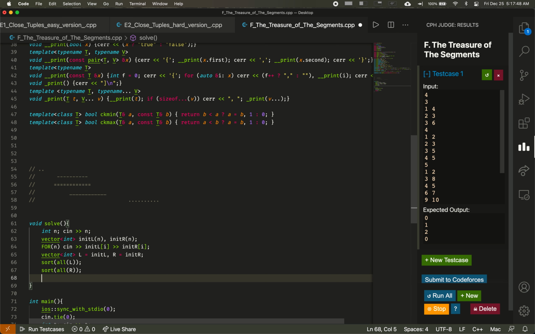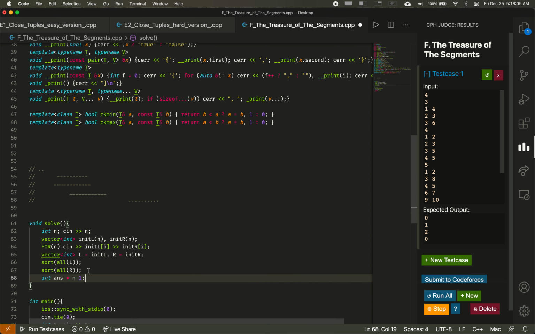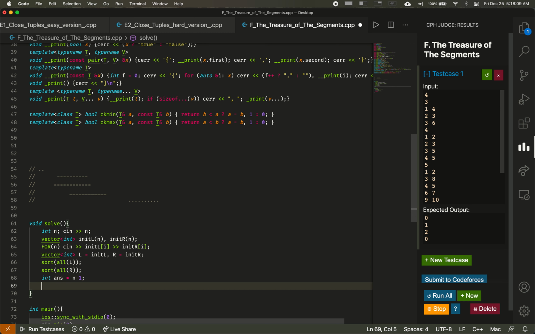Now that we have that, the maximum answer we could have would be n minus 1. In the worst case scenario, we only have one segment in the good set, so our answer would be n minus 1, because we'd have to delete every other segment. Then for each i, let's find the best case scenario.